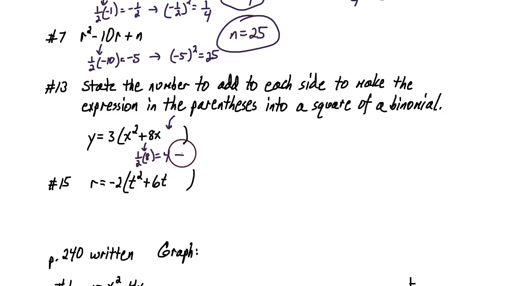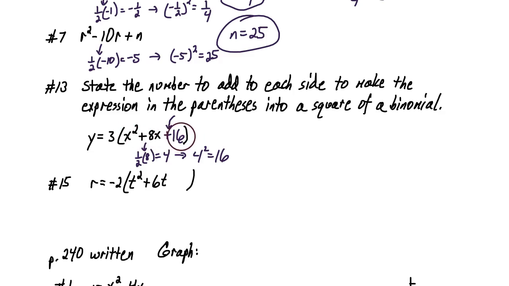That makes 4. Then square that 4. That makes 16. So the number that we would want to write right in that spot is plus 16. Because if we did that, then that trinomial in the parentheses is a perfect square trinomial and it can be factored.